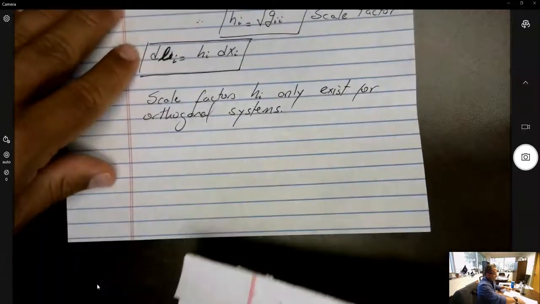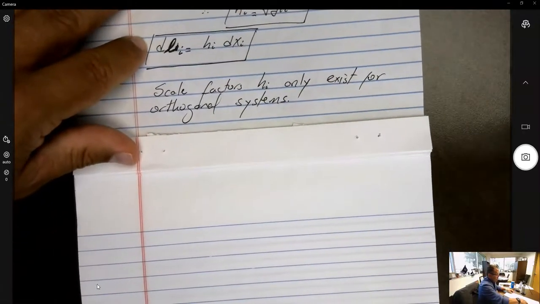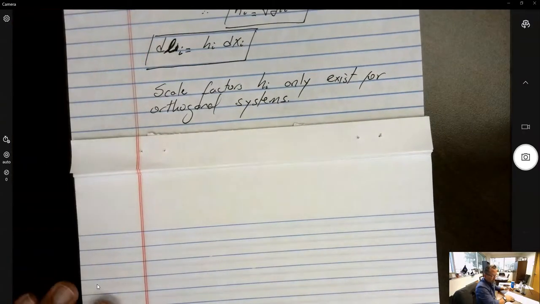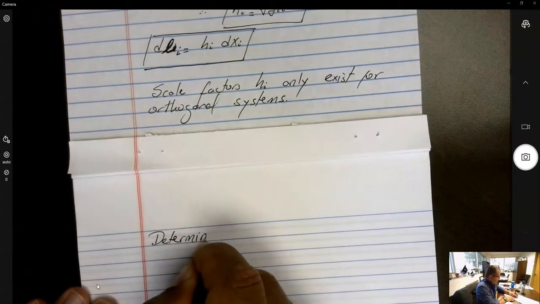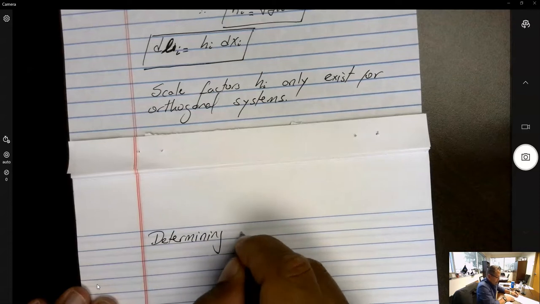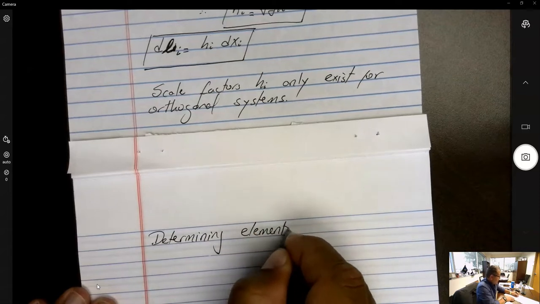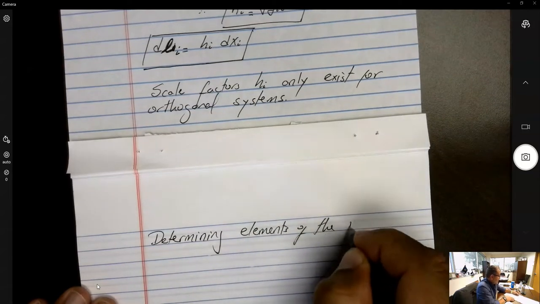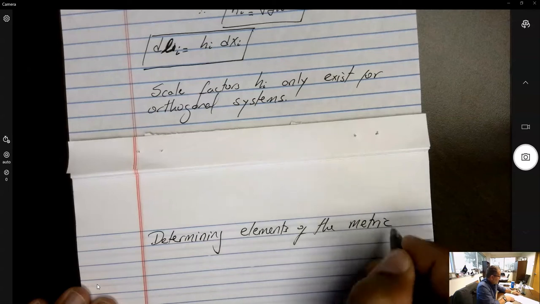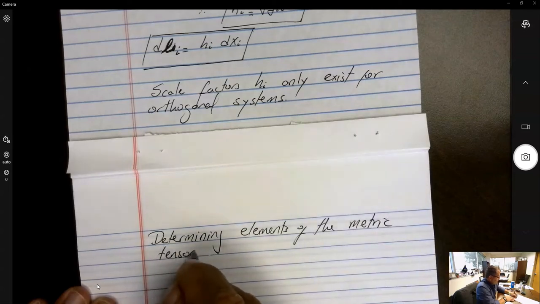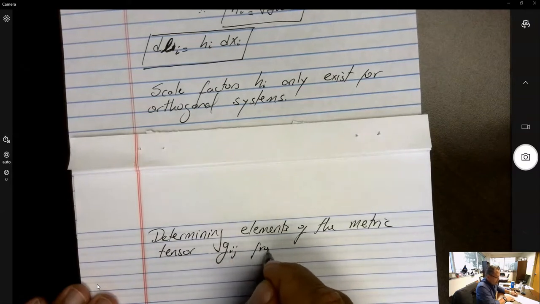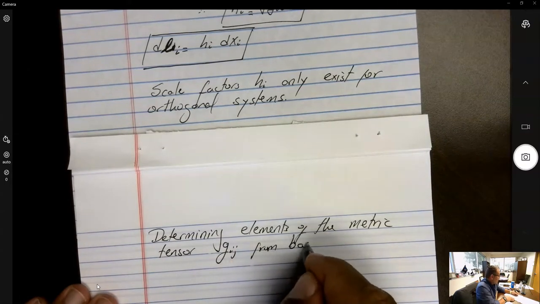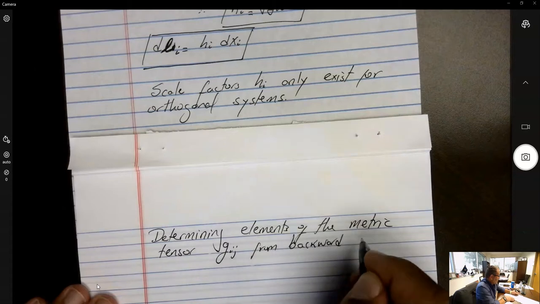So, how do we go about determining the elements of this metric tensor Gij from the backward transformation?